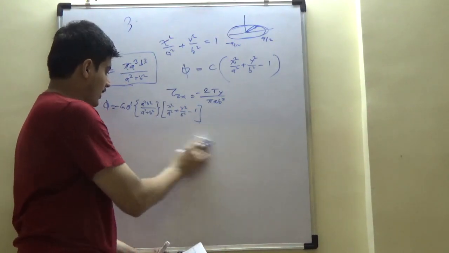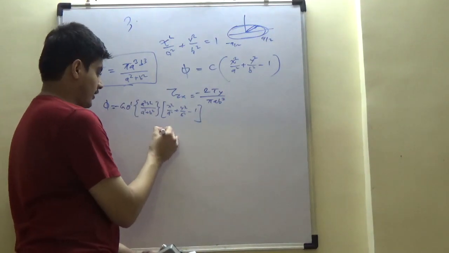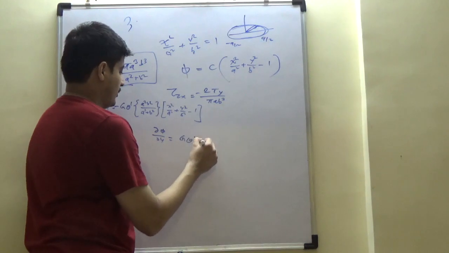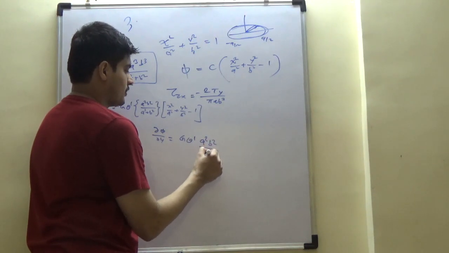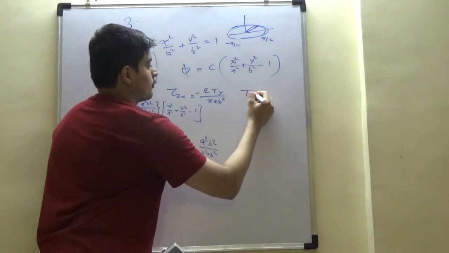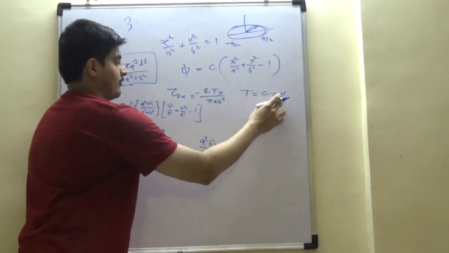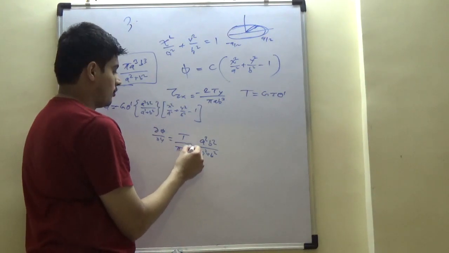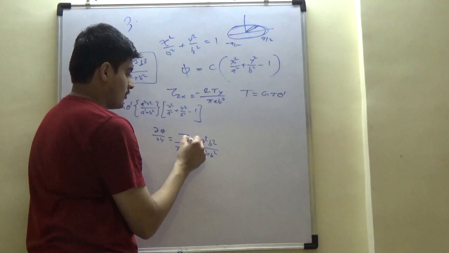Let us look at this. You may be feeling confused, right? So del phi by del y is G theta dash a square b square upon a square plus b square, is fine. G theta dash is nothing but T upon J, because T is GJ theta dash. So T upon J, what is J? Pi a cube b cube upon a square plus b square.